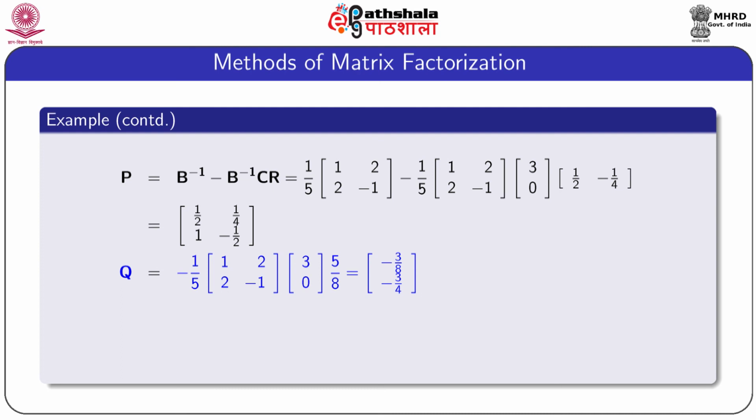So, we obtain all the matrices P, Q, R, S of the matrix A inverse, and finally, the inverse of the matrix A is given by this matrix. The first row is half, 1 by 4, minus 3 by 8, the second row is 1, minus half, minus 3 by 4, and the third row is minus half, 1 by 4, 5 by 8.